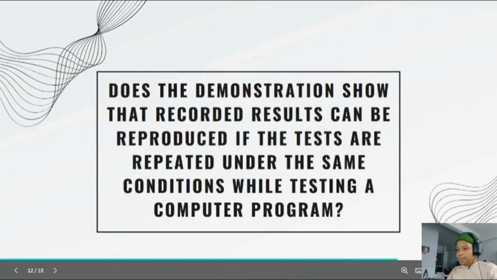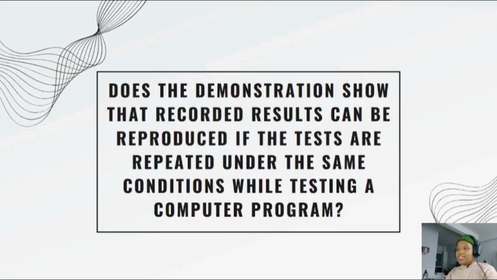Okay. Does the demonstration show that recorded results can be reproduced if the tests are repeated under the same conditions while testing a computer program? So is valid launch. Let's see.